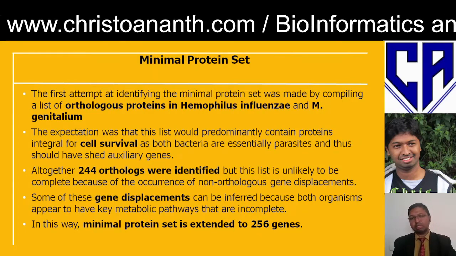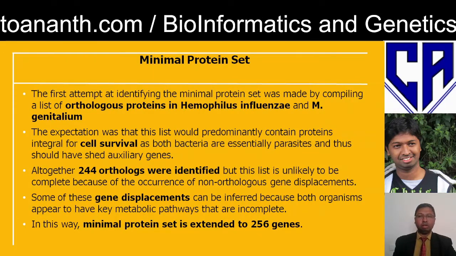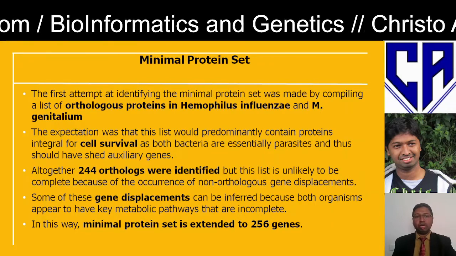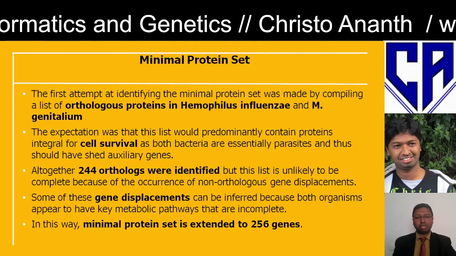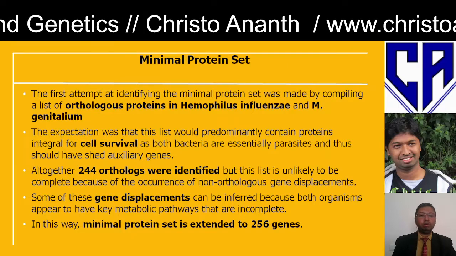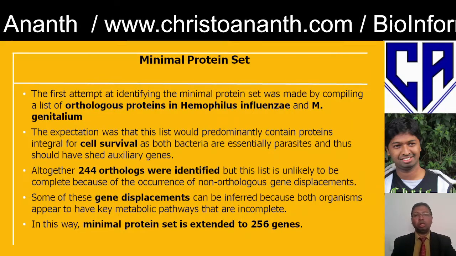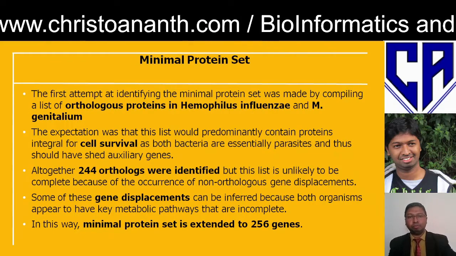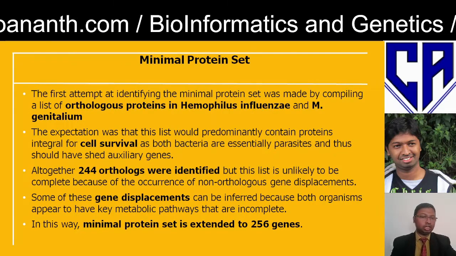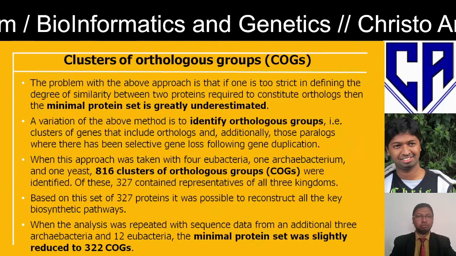But some of these gene displacements can be inferred because both organisms have key metabolic pathways that are incomplete, and generally the minimal protein set extends to almost 256 genes. So that's the criteria with which you can extend the minimal proteins.